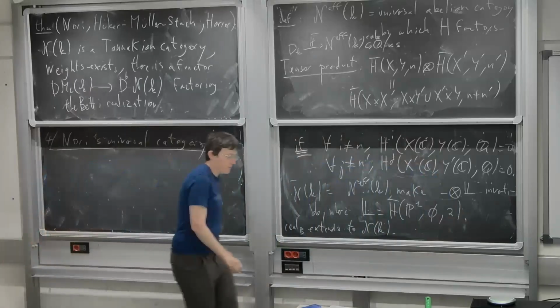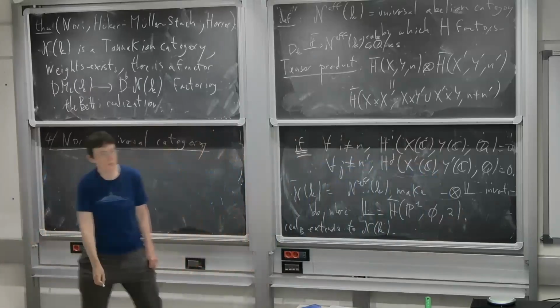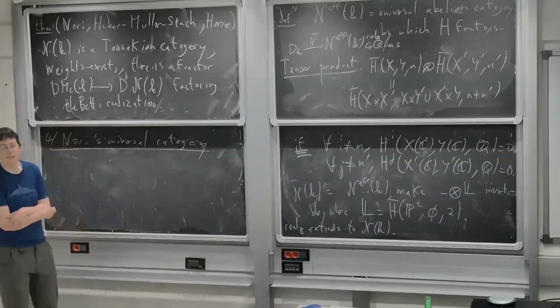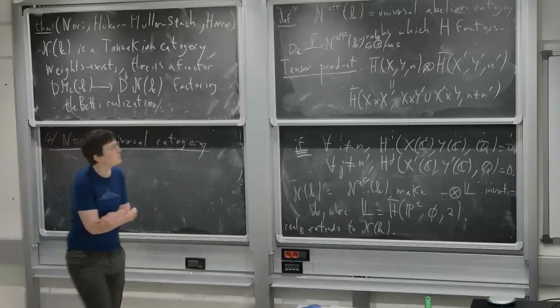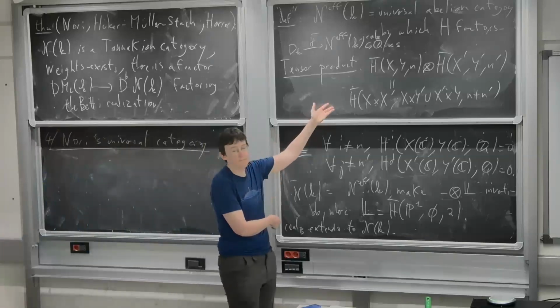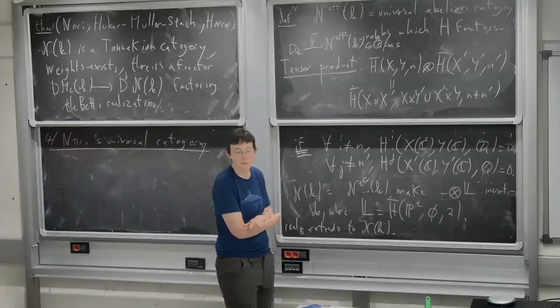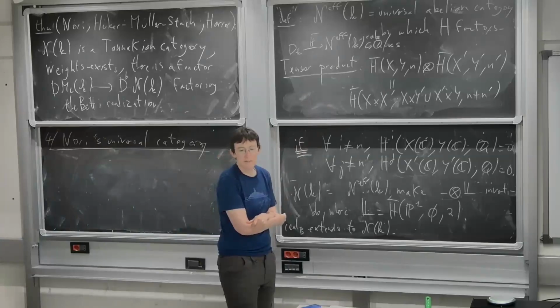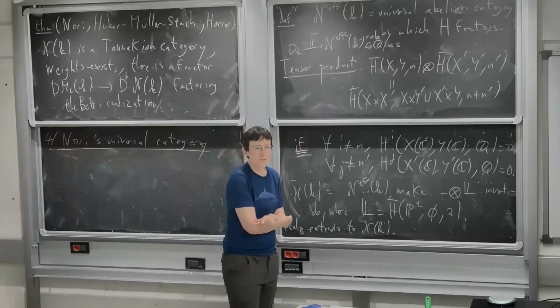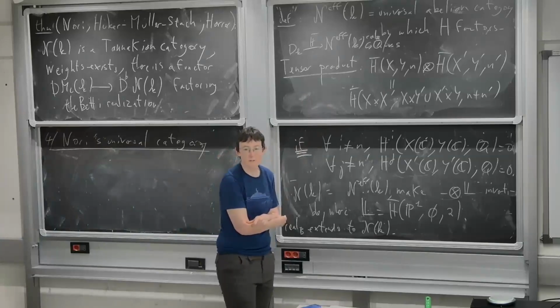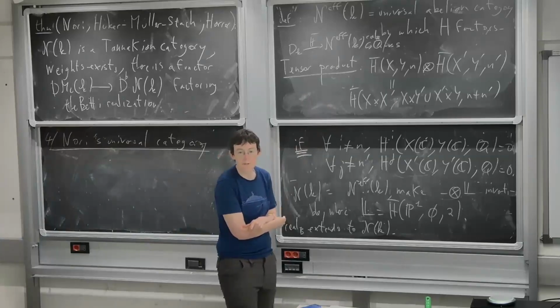So I said I was going to talk more about Nori's universal category. Good question. So where did the realization come from here for Nori motives? Nori motives is defined as a non-full subcategory of Q vector spaces. The Betti realization is just inclusion in Q vector spaces, because Nori motives are defined as the universal factorization of the Betti realization.